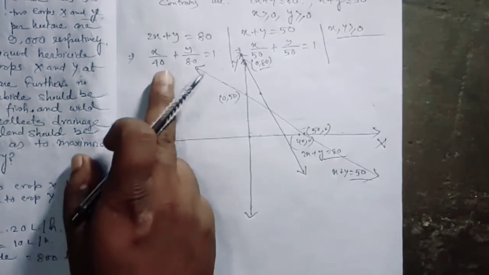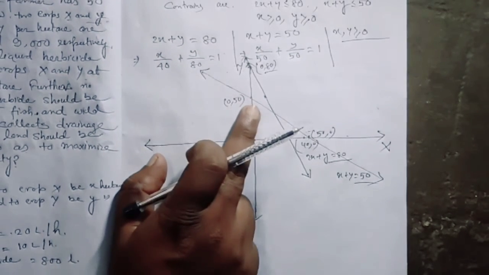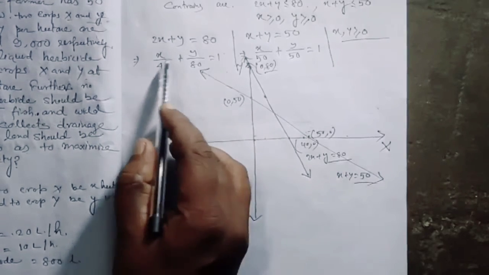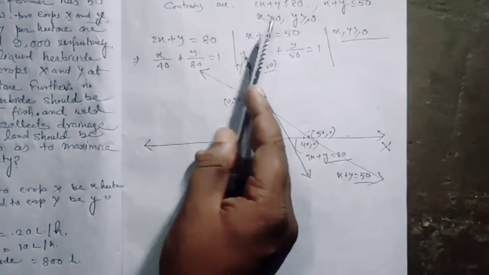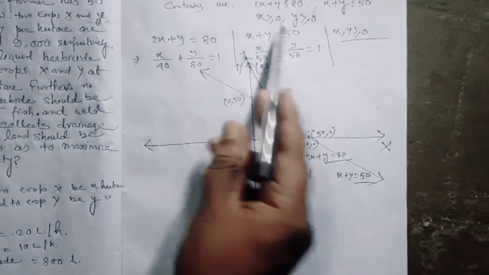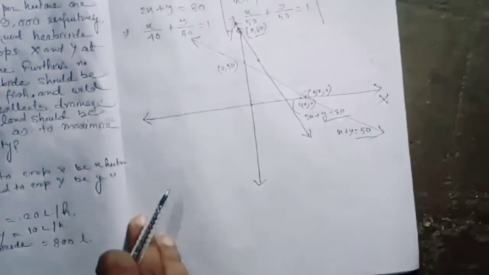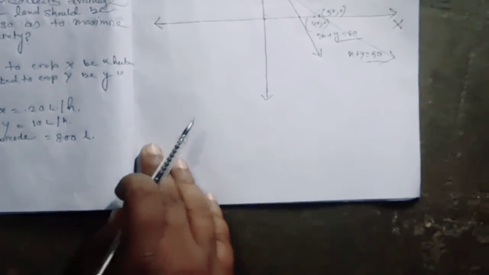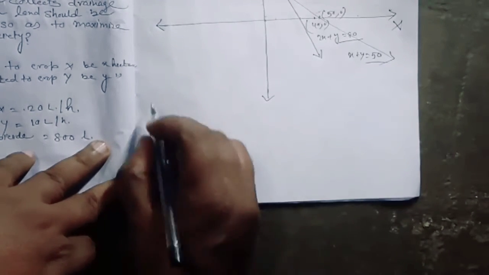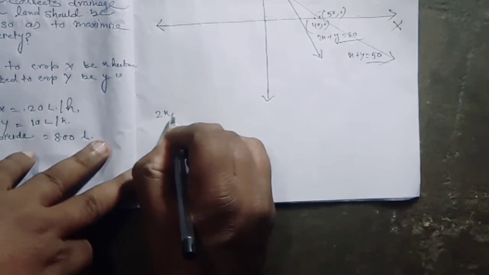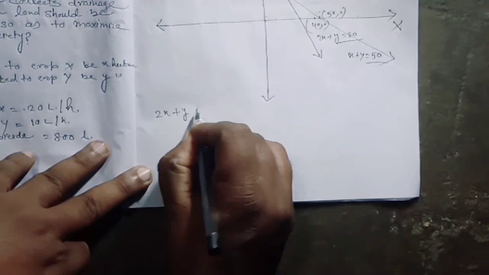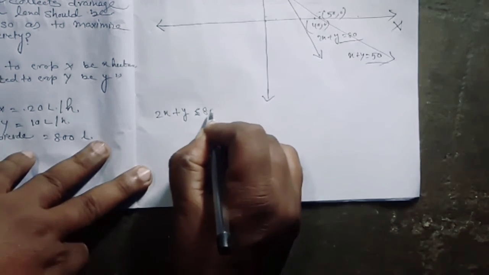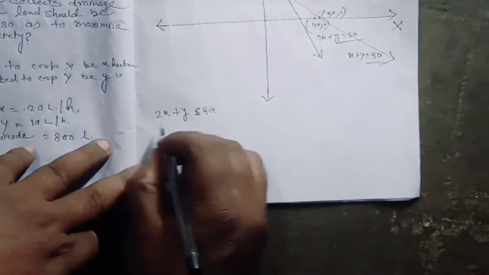And here we have to compute the feasible region. For the feasible region we have to put 0 comma 0 over here. For checking, again I am taking 2x plus y less than or equal to 80.